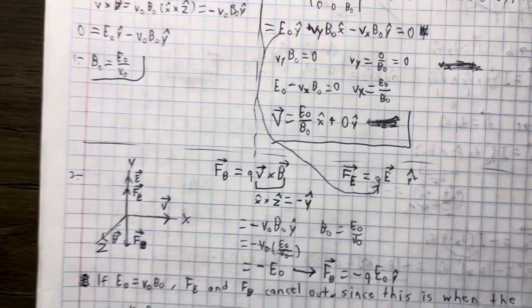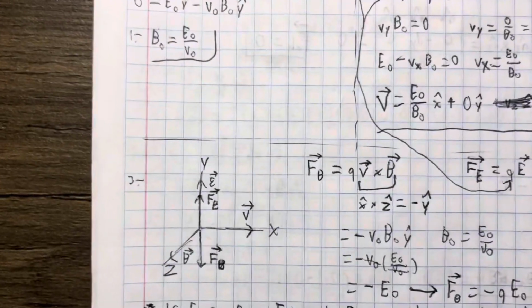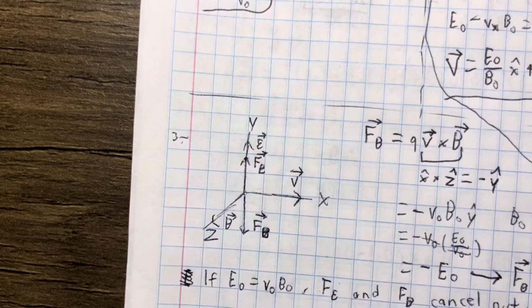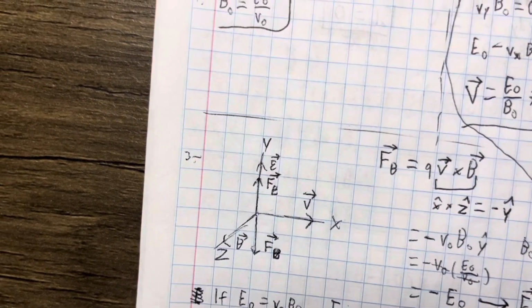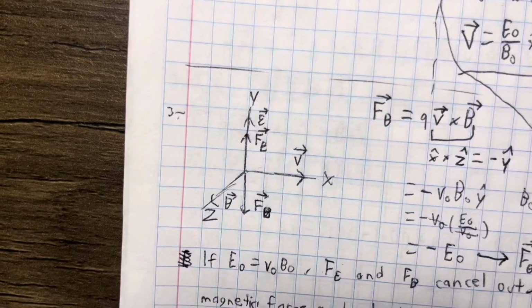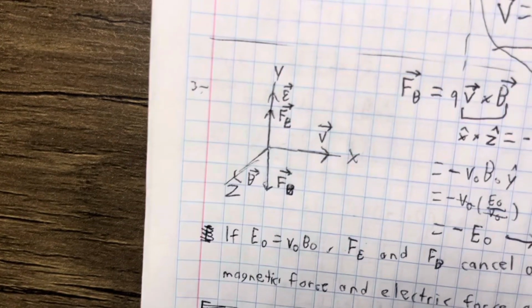Here I made the diagram that shows the electric field in the y vector, the velocity in the x vector, and the magnetic field in the z vector.